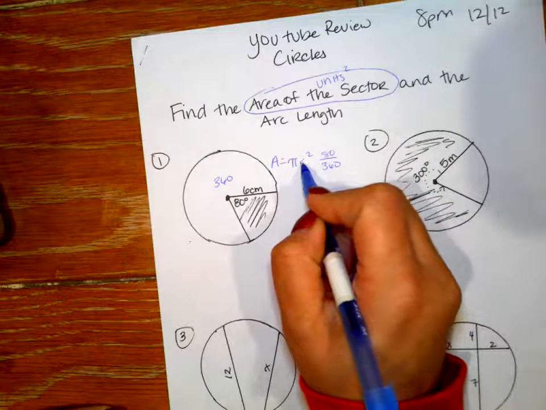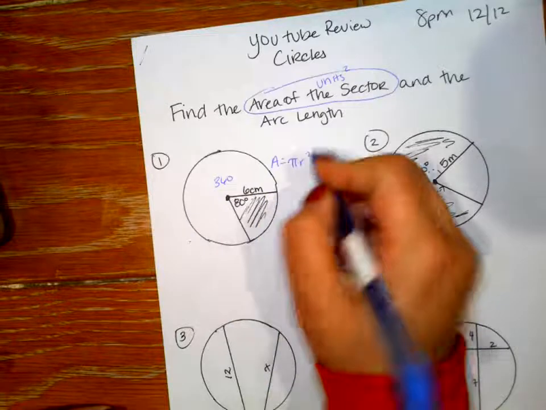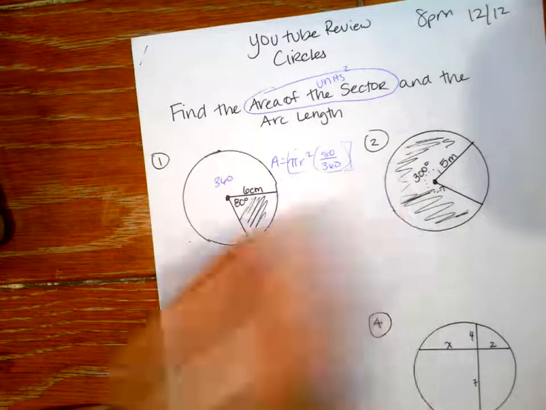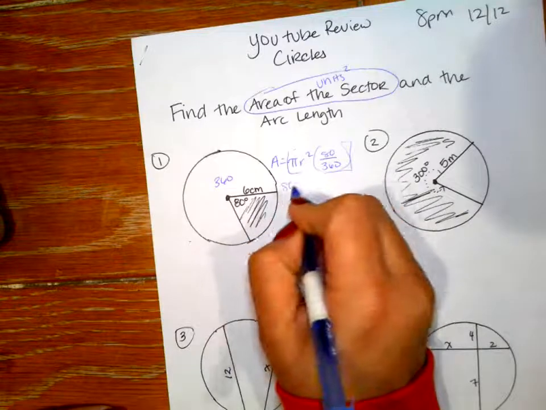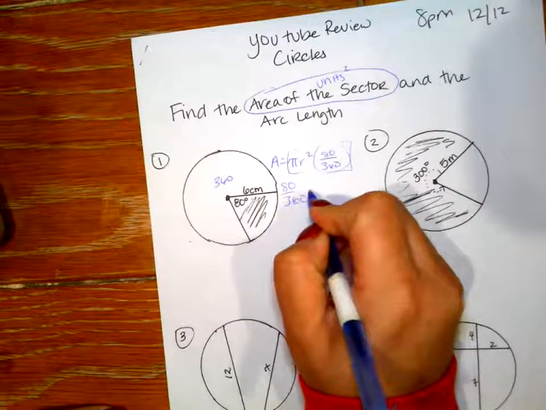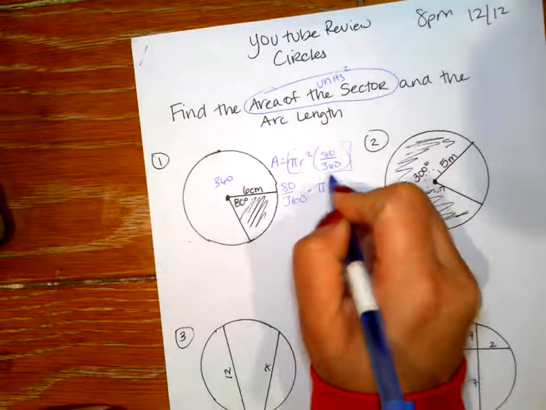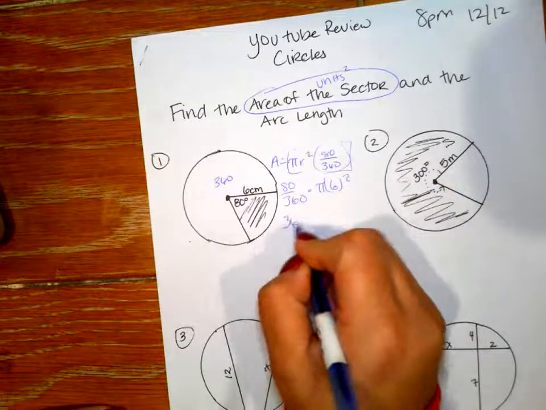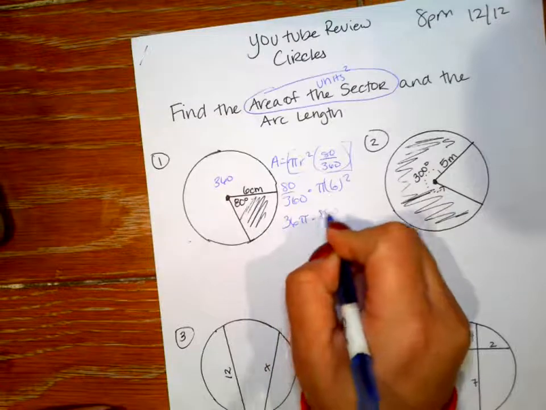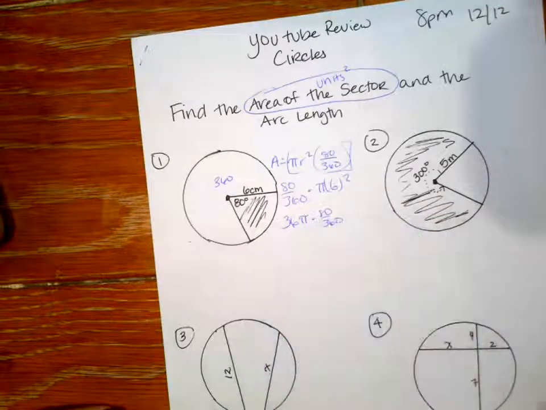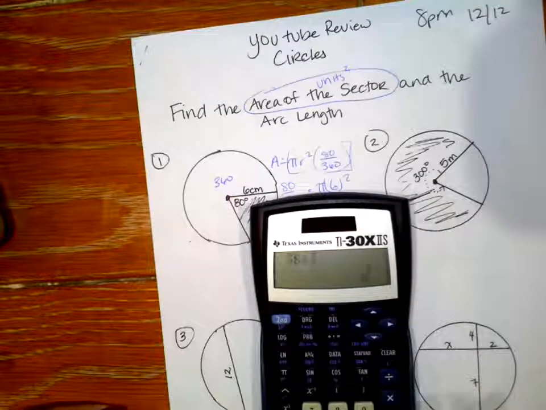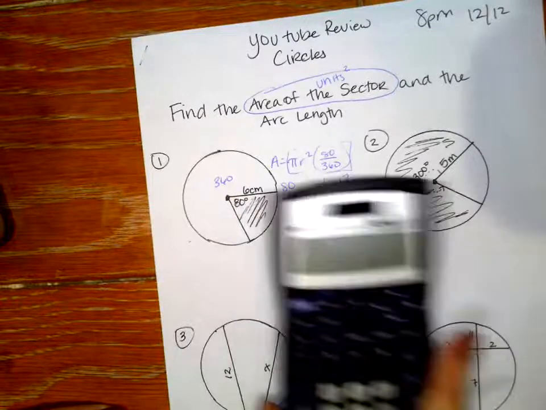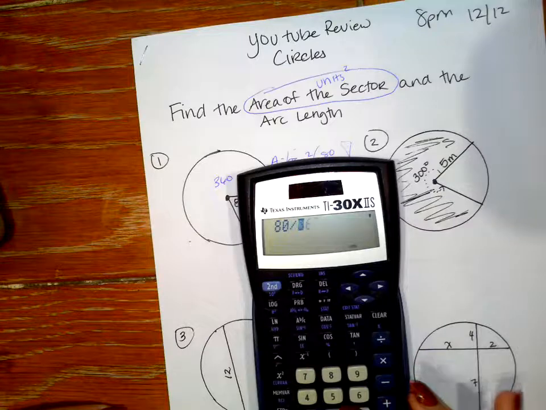We know our radius, it's 6. So 80 over 360 times pi, and then 6 squared, which is going to be 36. So I've got 36 pi times 80 over 360. Depending on how your teachers ask you to leave it, I'm not sure which way it's going to go, but I'm going to go 80 divided by 360.